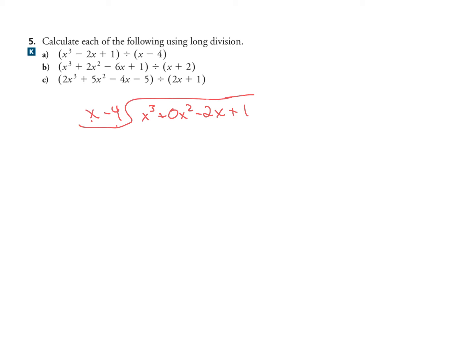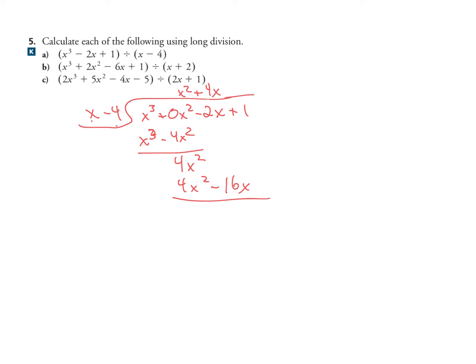Okay, so x cubed divided by x is x squared. Multiply across, you got x cubed minus 4x squared. 0 minus negative 4 is positive 4. The next term is going to be plus 4x. It's going to be 4x squared minus 16x.